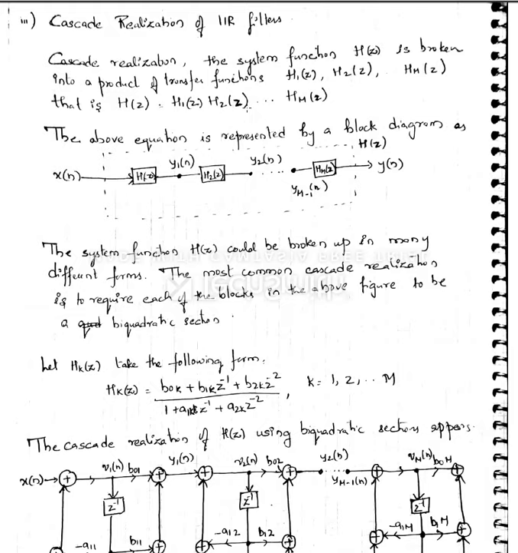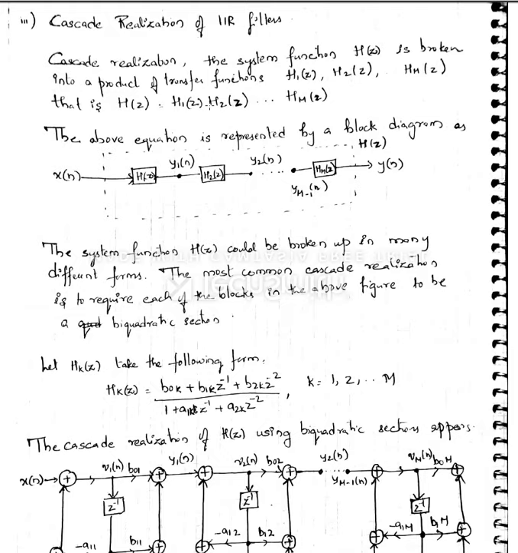So you are basically splitting it into H1(z), H2(z), or however many transfer functions you can split into depending upon the equation that you have. The product of all those individual transfer functions will give you the main transfer function. So you need to keep in mind this is the product here.